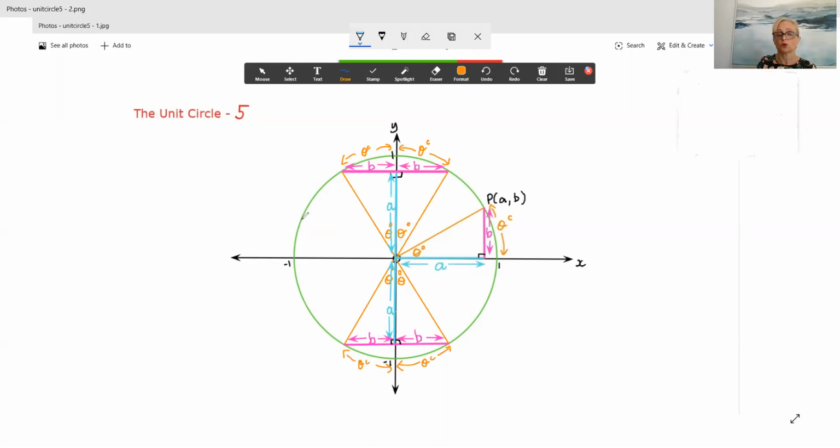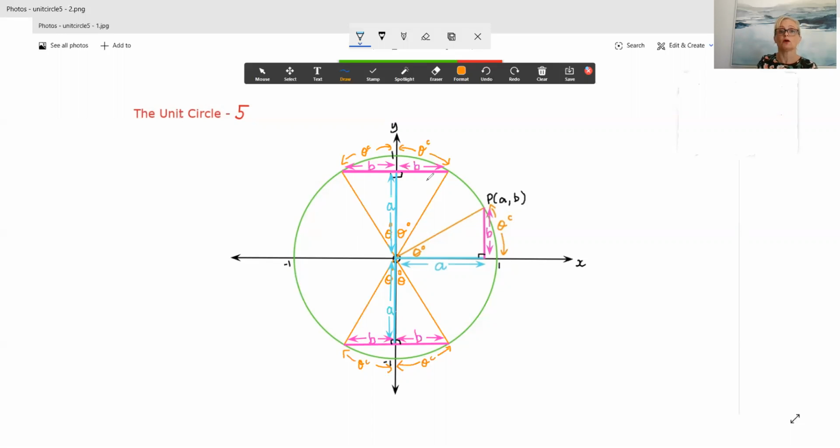In radians, you would be pi minus theta, or pi plus theta, or 2 pi minus theta, or just minus theta. In degrees, it'd be 180 minus theta or 180 plus theta, that sort of thing.